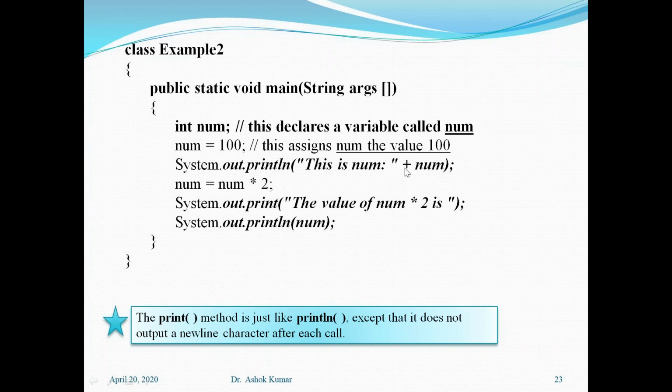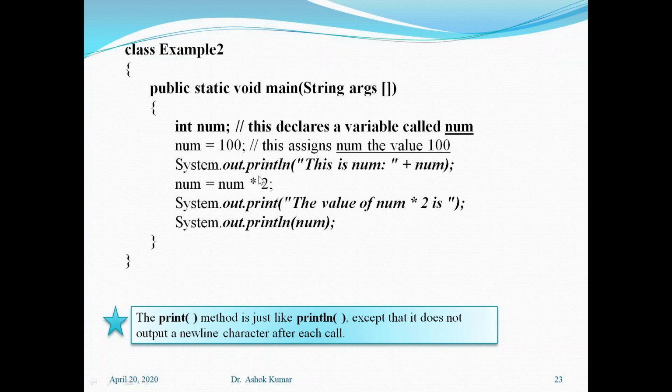So I repeat, what will happen first: because the plus operator is there, and one of the operands is a string and the other operand is an integer, Java will convert the integer operand into a string, and then these two strings will be concatenated. After that, this println method will display the result, that is that string.